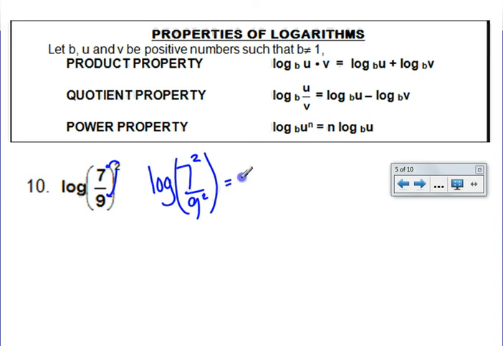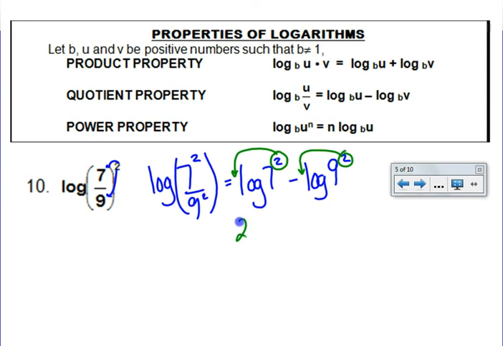So remember, division breaks into subtraction. So it's the log of 7 squared minus the log of 9 squared. And then the only thing I have left to do is to take these exponents and put them down in front of their logarithms. So we have 2 log of 7 minus 2 log of 9.